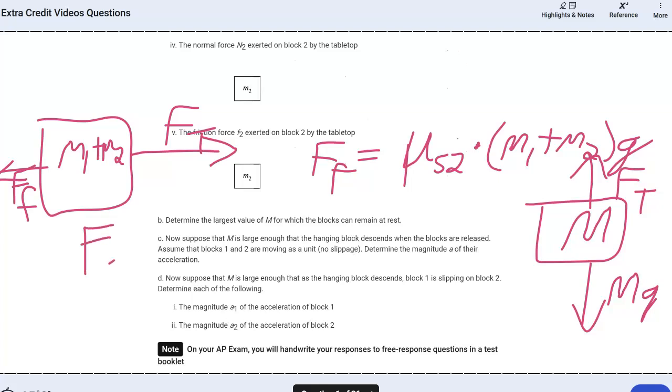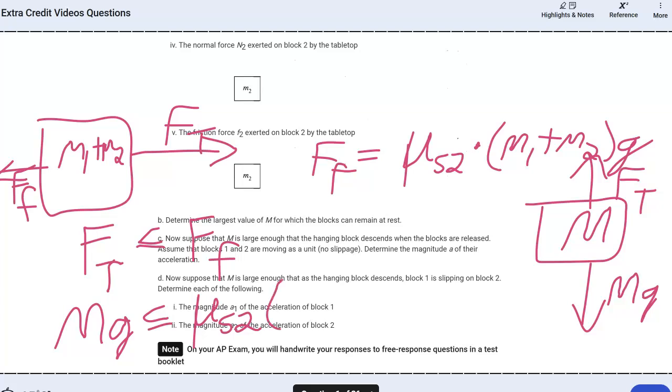So our tension force can not be greater than the frictional force. Not be greater is the same as less than or equal to our frictional force. That just means our tension force is mg, and it has to be less than or equal to our frictional force, which is mu S2 times m1 plus m2 times g, and then our g's can cancel out.